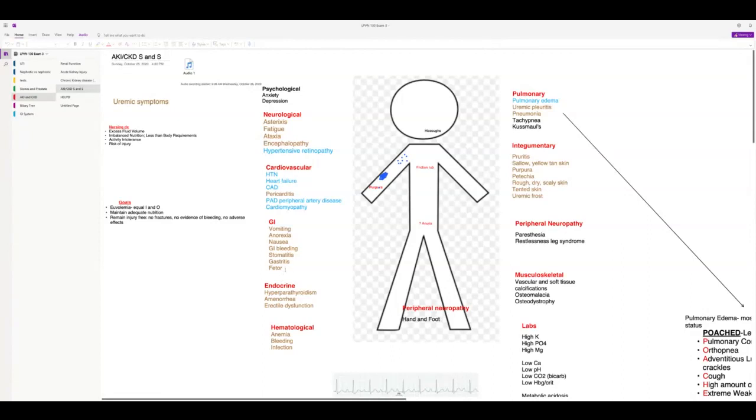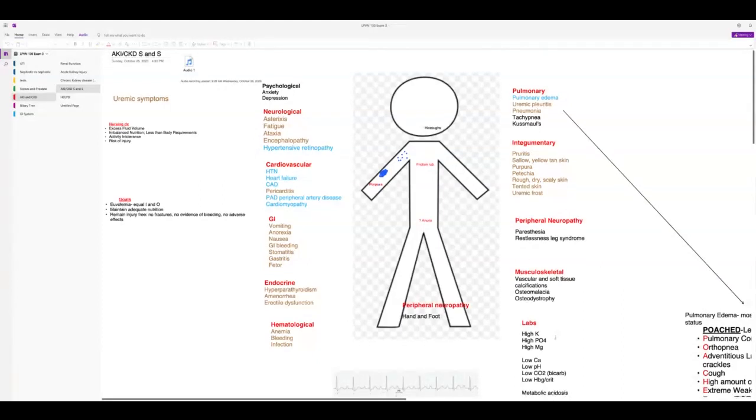So you see the ones that are in brown, this is due to uremia. So they can get encephalopathy, they can get heart failure, so we worry about that, nausea and vomiting, anemia, bleeding. They're going to be itchy. Okay, so that's important. But the most important thing is the labs.